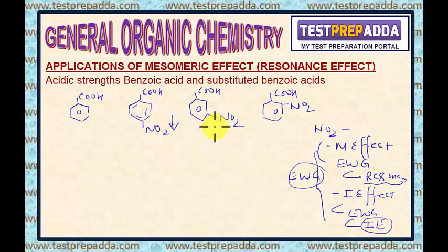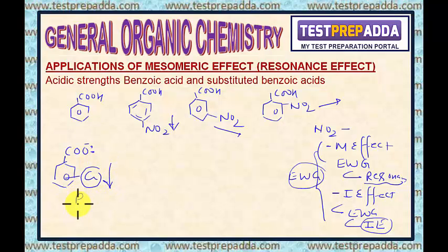So here electron withdrawing group, here electron withdrawing group, here electron withdrawing group. Here you will not find any electron withdrawing group. So an electron withdrawing group will increase the acidic strength of this carboxylic acid, because the electron withdrawing group will decrease the basic strength of the conjugate base.